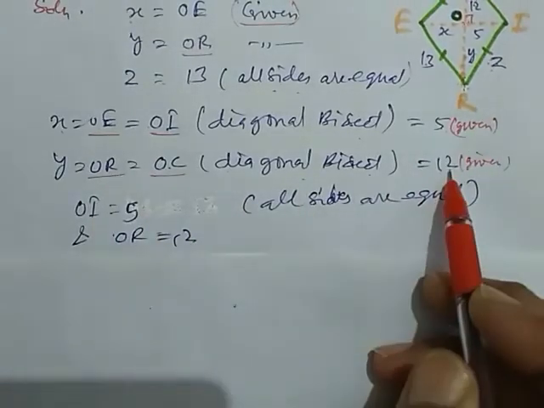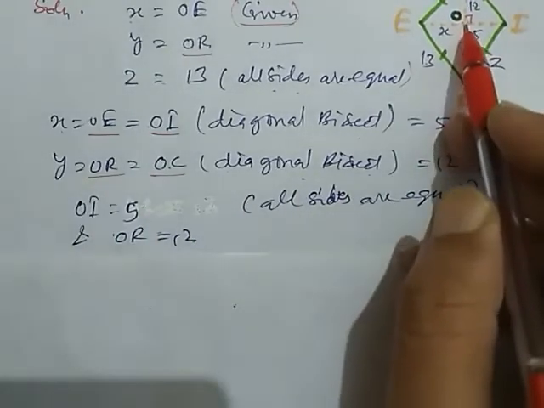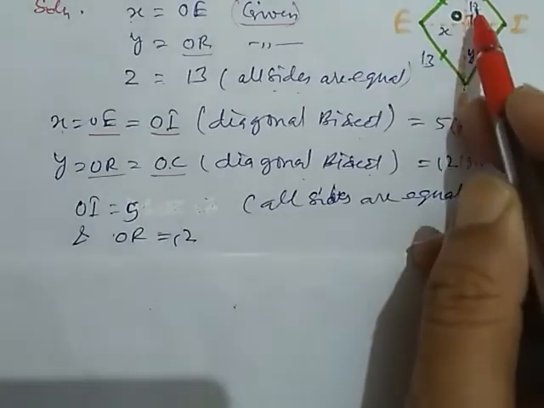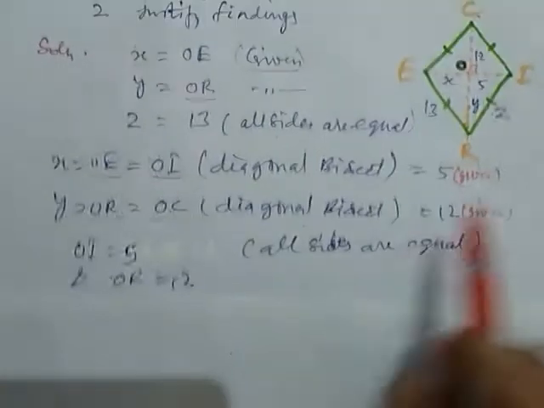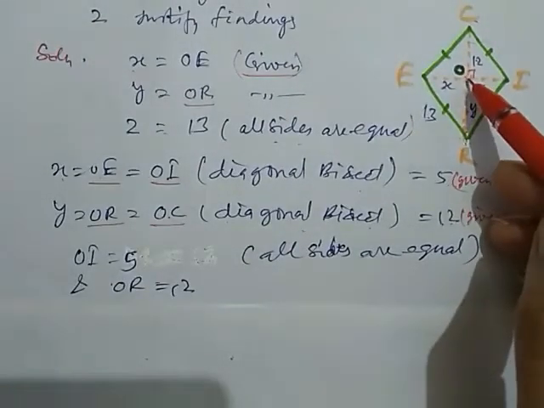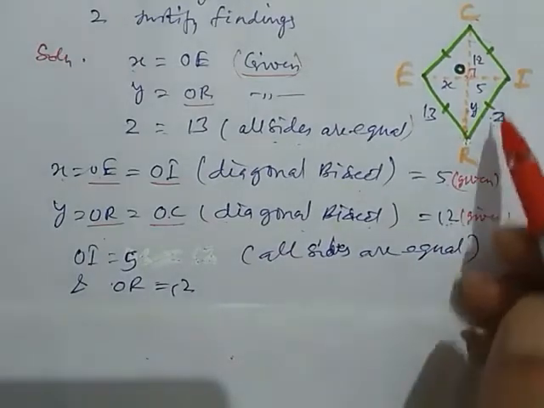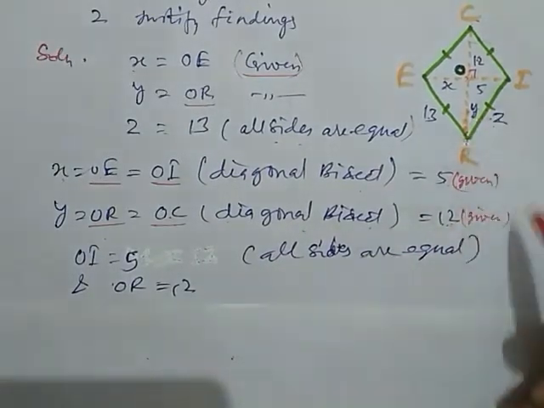OR, which is equal to Y, is just equal to 12, because OR equals OC here, which is 12. So we get Y equal to 12.